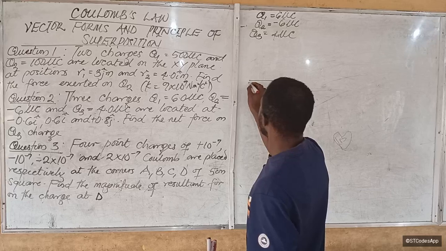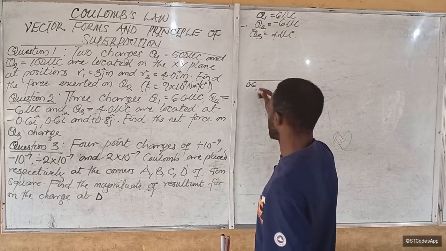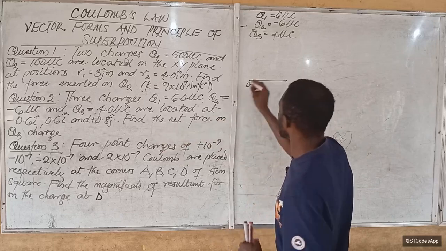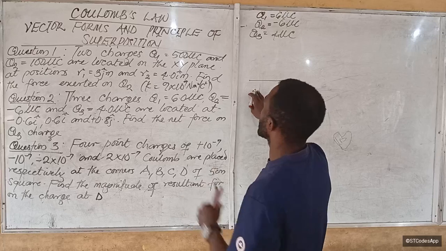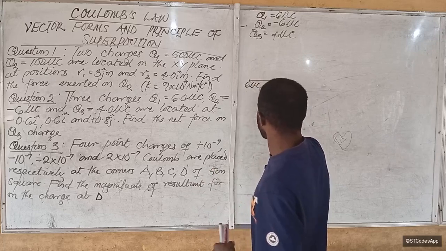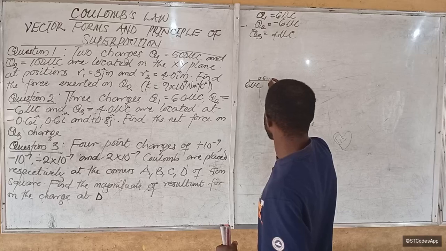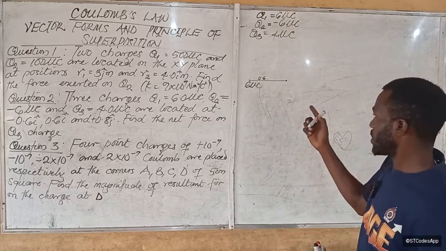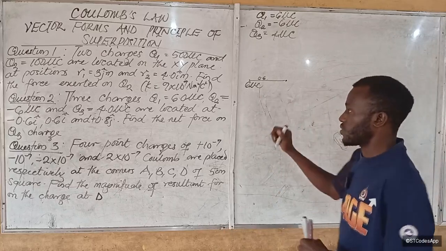So that will be 0.6 here. This will be our origin. Then this is our first charge, 6 microcoulomb. We know that this here is 0.6 i hat, which just tells us the direction.